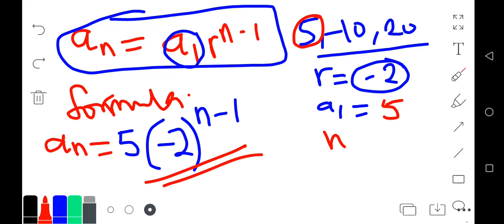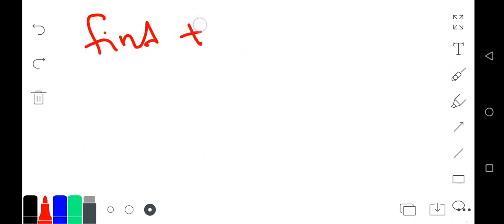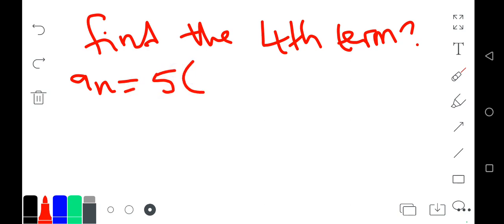Now, how can we find it if you're asked to find the fourth term? Remember that the formula is a_n equals 5 open bracket negative 2 to the power n minus 1.